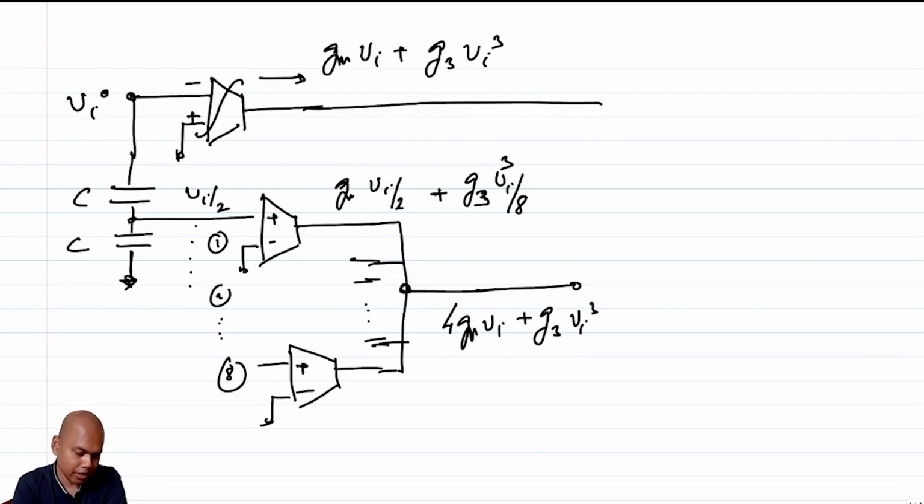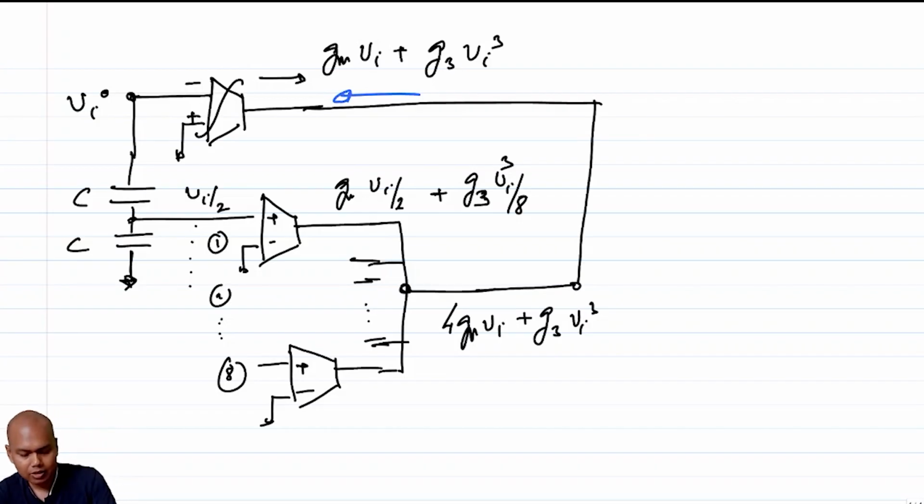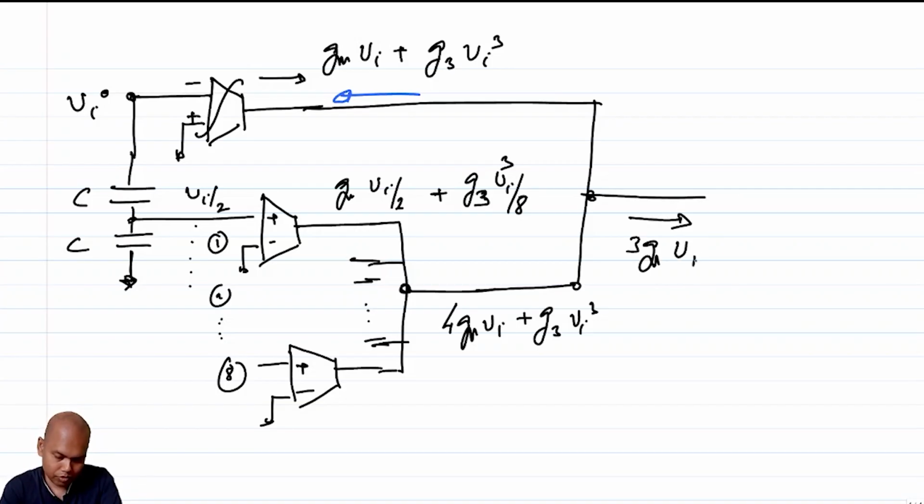So the current here is in this direction, Gm times Vi plus G3 times Vi cube. If I simply connect these wires, the output current that is going to come out will be 3 Gm times Vi, right?